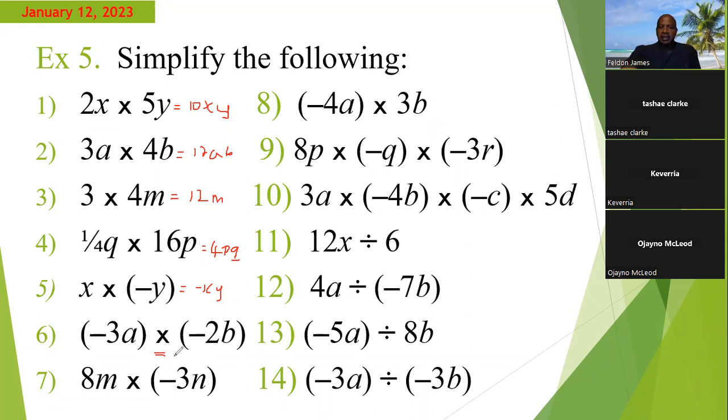So we may say negative plus negative or so on. All right, so as not to create any confusion. So negative 3 times negative 2 gives you positive 6, and we group the ab. So we have 6ab. Thanks, Ms. Cabrera. Who would like to go for question 7?